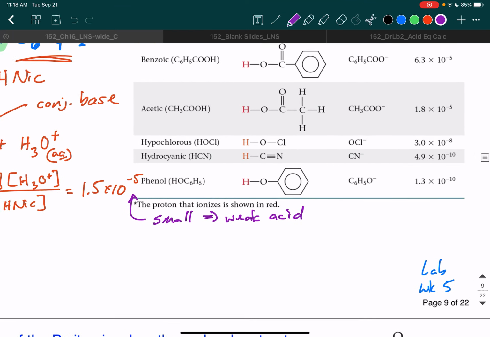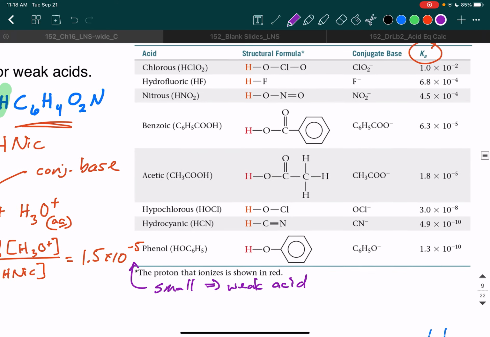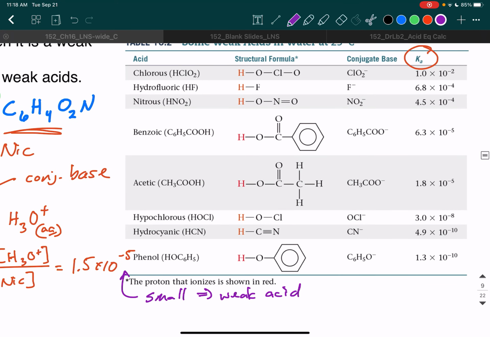First, let's look at some of these other examples over here. This is just a table from the textbook, a bunch of miscellaneous weak acids. You don't need to memorize these numbers. Kas and Kbs and pKas and pKbs will be given to you on the test, or you would have enough information in the problem to calculate the Ka.